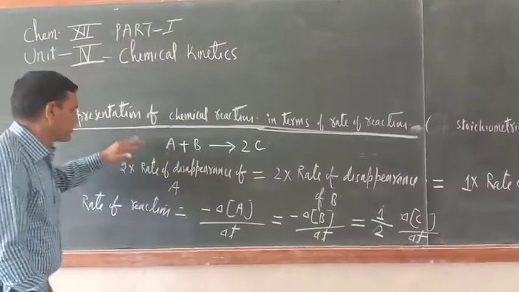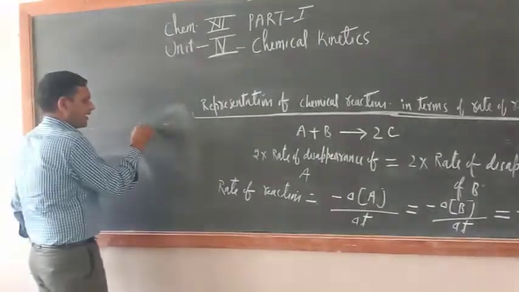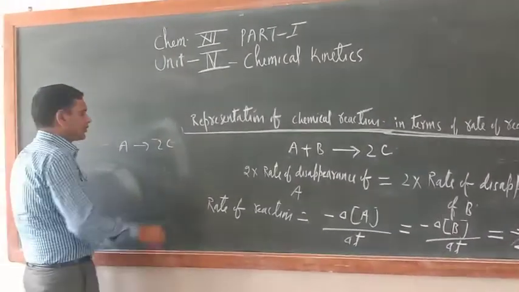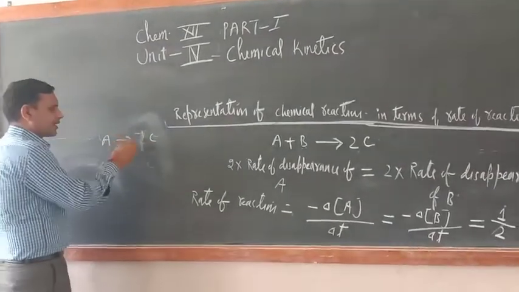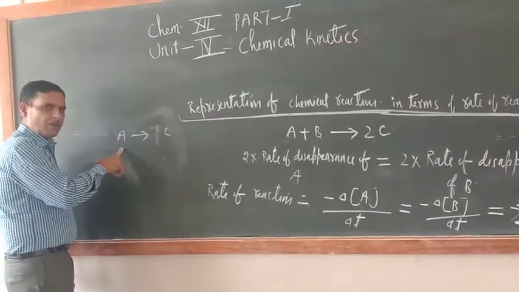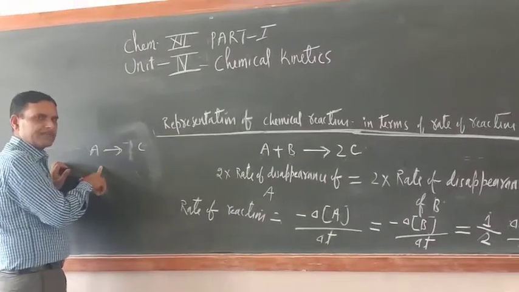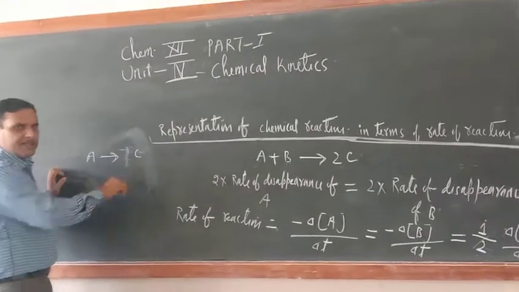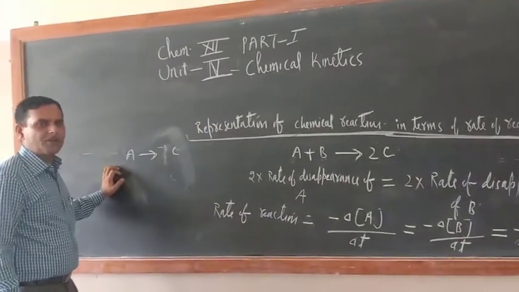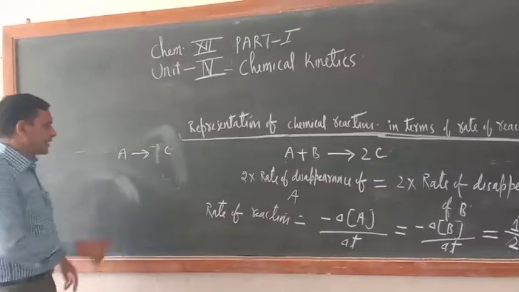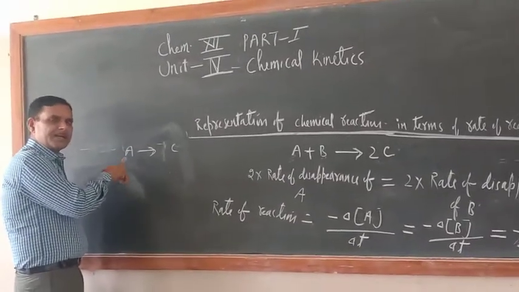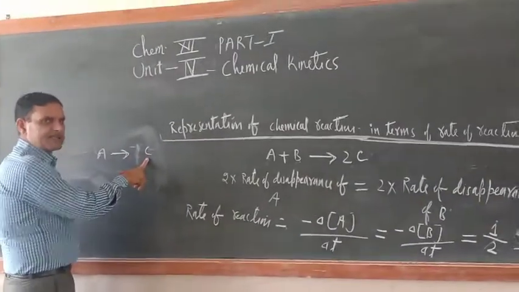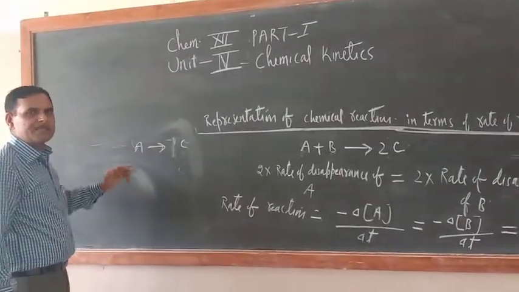Suppose this reaction is A equal to C. Then you can say 1 mole of A is disappearing or decomposing into 1 mole of C. Now in terms of rate of reaction, what will you say? You will say that one time A is disappearing and one time C is forming.